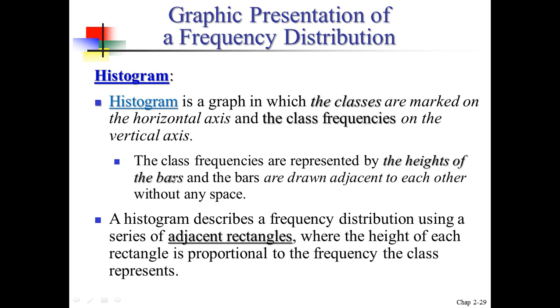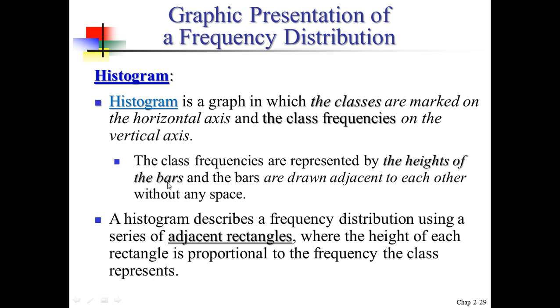There is no distance, no gap, no space. They are very close to each other. They overlap: the ending of one bar and the ending of the other bar overlap with each other.